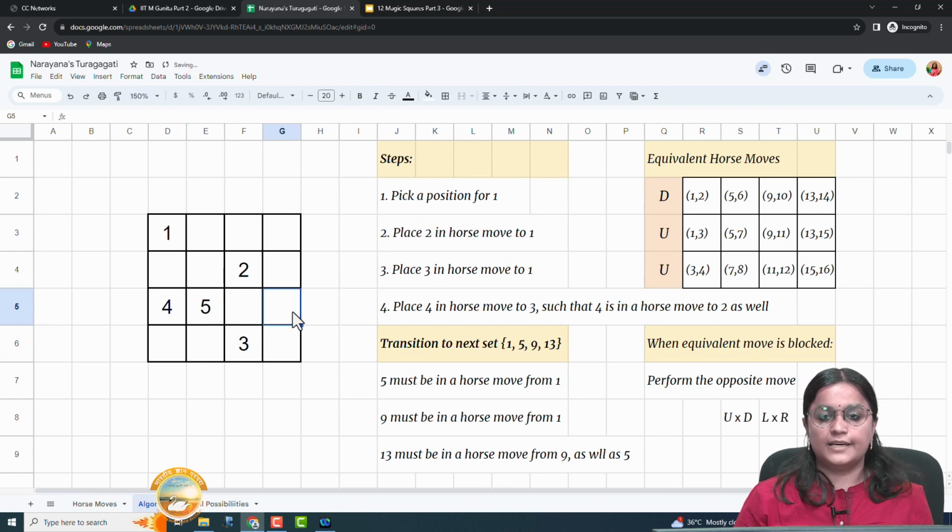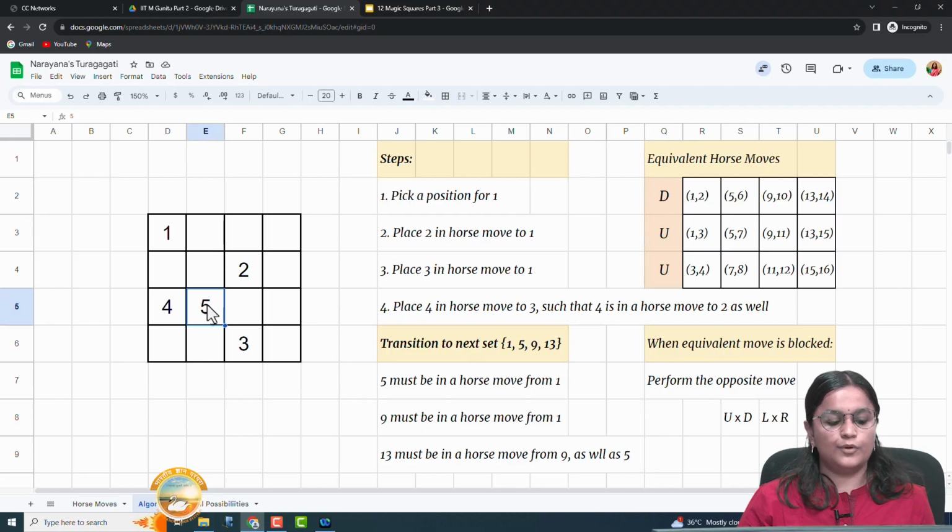Then 6. From our table here, we can see that 5 and 6 must be in a horse move to each other as well as equivalent to 1 and 2, which is a D or a down horse move. This will help us figure out the location of the 6 digit on our magic square.